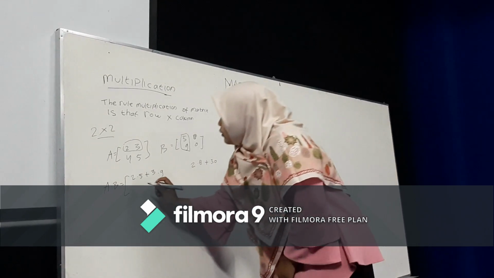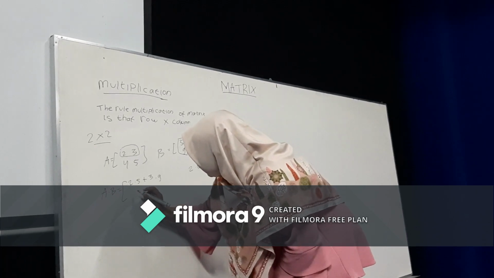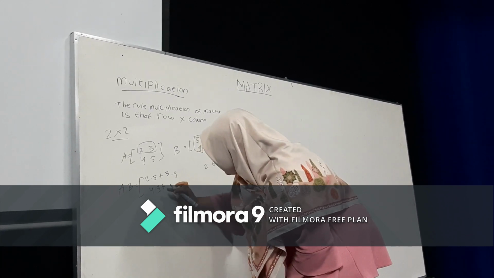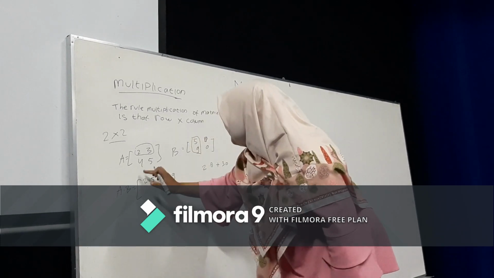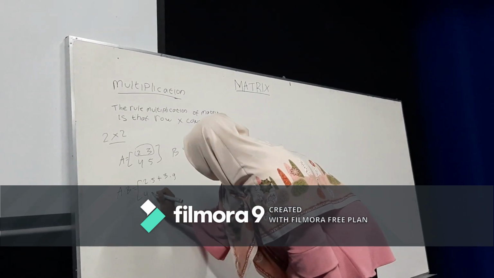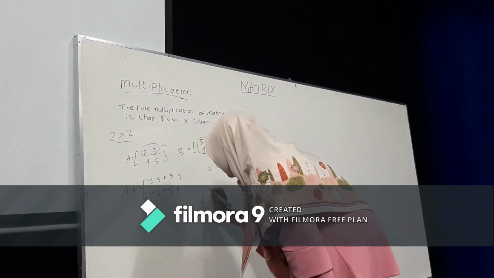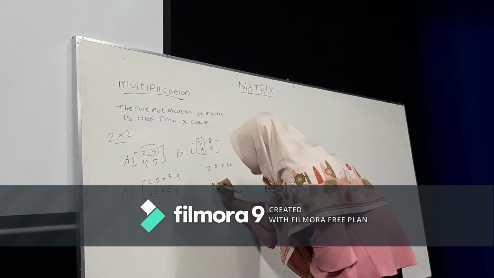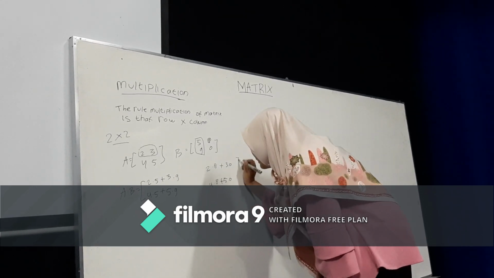Okay, second row, first column is 4 times 5 plus 5 times 9. For second row, second column is 4 times 8 plus 5 times 0.